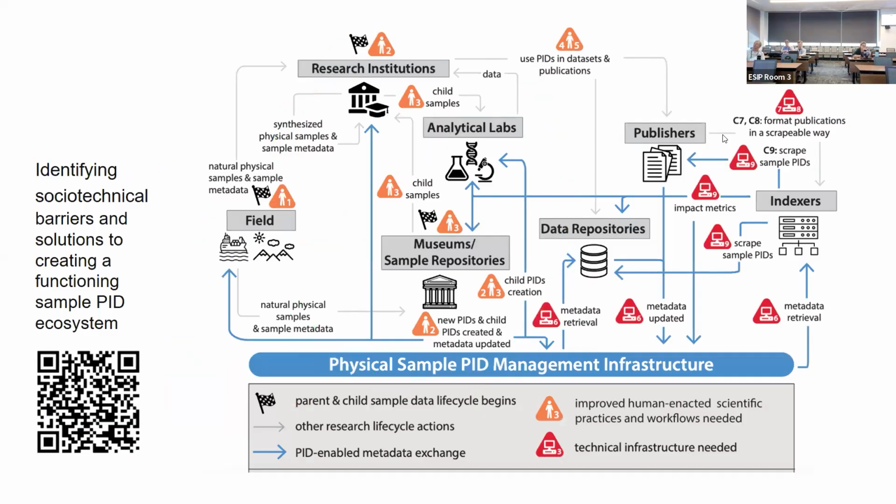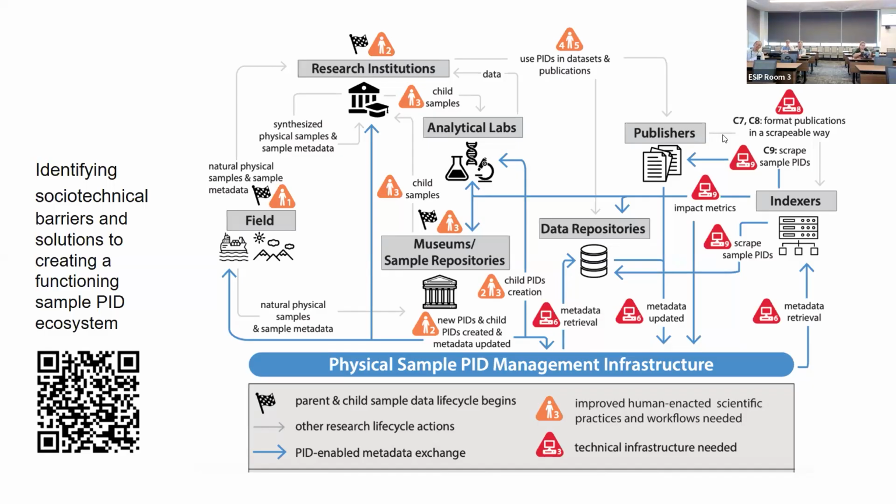This is a figure from one of the papers that we published last year. We often refer to this as the rat's nest figure, because what this represents is the mess of obstacles to sharing metadata about samples and how they've been used in different research projects. All of the orange triangles represent people problems.